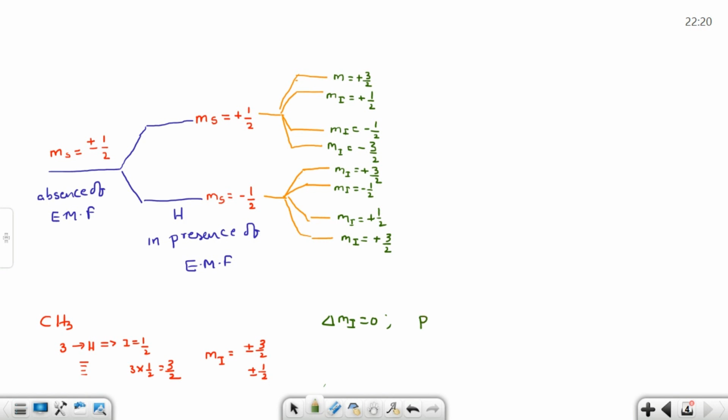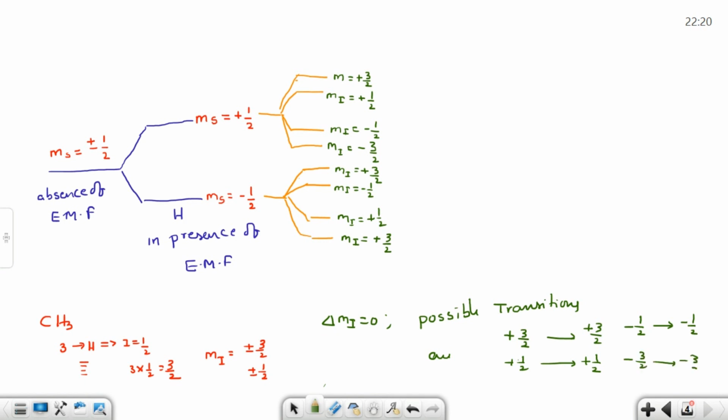Based on this, the possible transitions are plus 3 by 2 to plus 3 by 2, plus 1 by 2 to plus 1 by 2, minus 1 by 2 to minus 1 by 2, and minus 3 by 2 to minus 3 by 2.